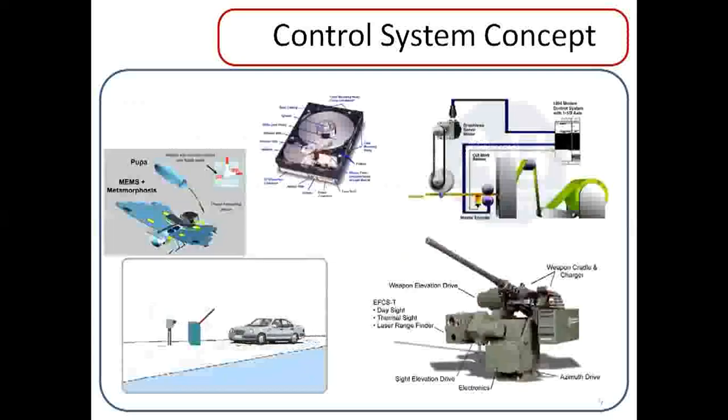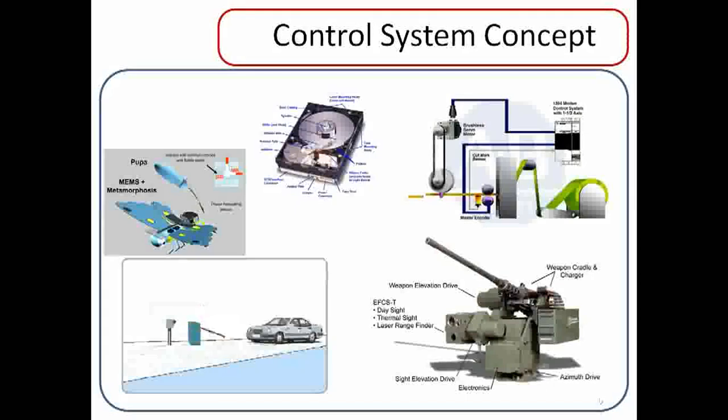Here are some examples. Here the car is shown, with a displacement sensor placed here. Upon detecting the car, the sensor gives the signal to the control system, and the control system passes the signal for the gate to be lifted up for the movement of the car.